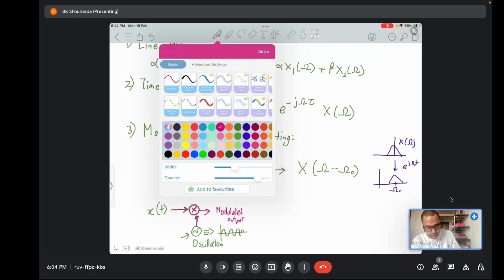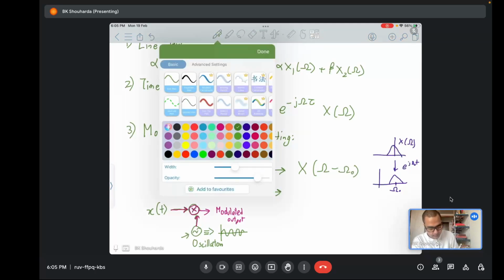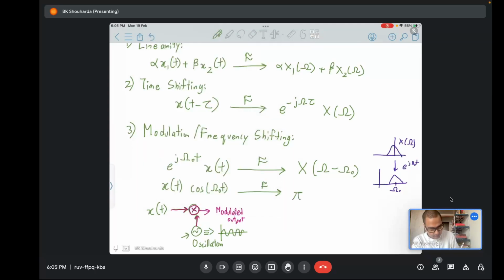And the corresponding Fourier transform is given by 1 by 2 times, x of omega minus omega naught plus x of omega plus omega naught. So if you look at the corresponding spectrum, if I consider this triangular spectrum and I look at the modulated version, this is how the spectrum will look like.